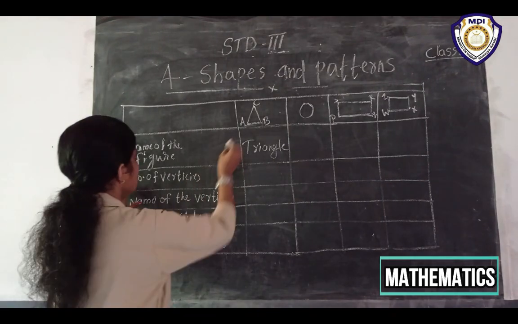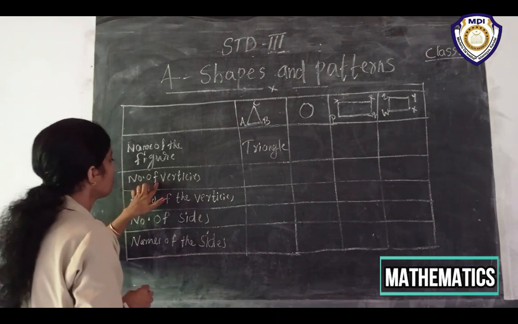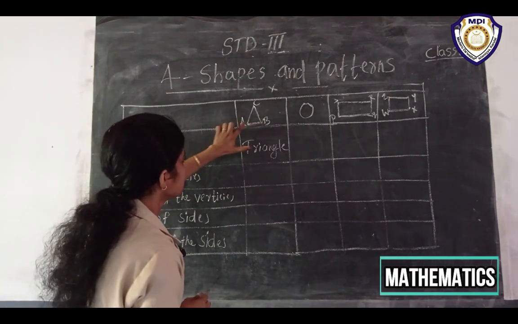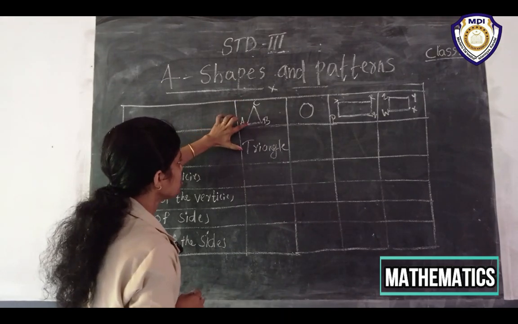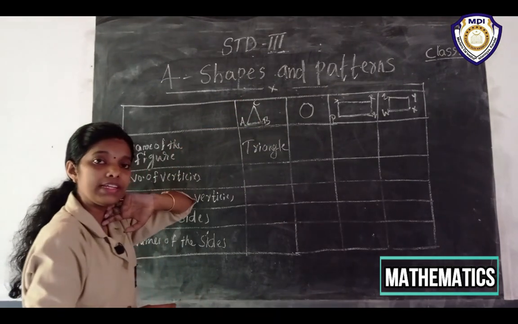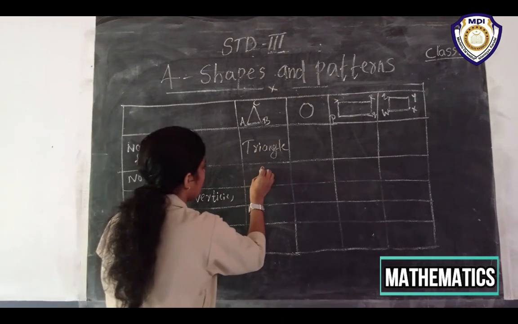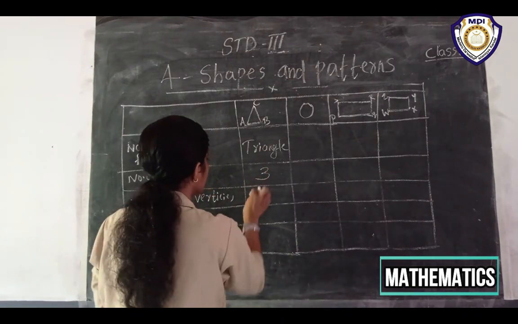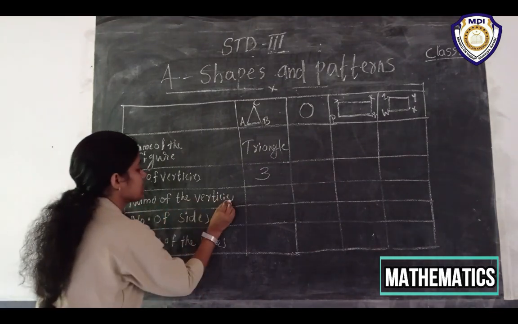Then number of vertices. How many vertices are there? 1, 2 and 3. Only 3 vertices.